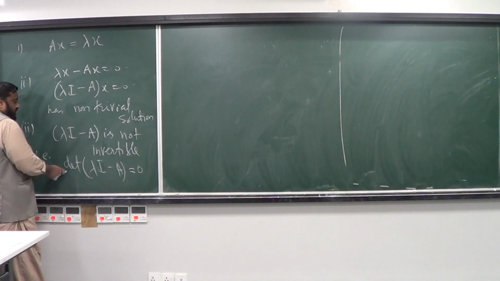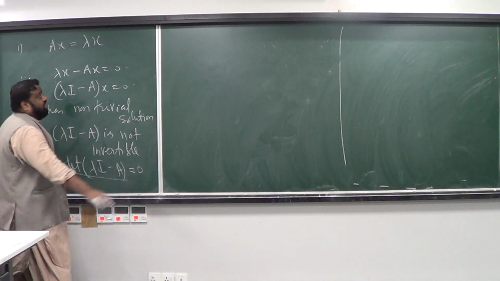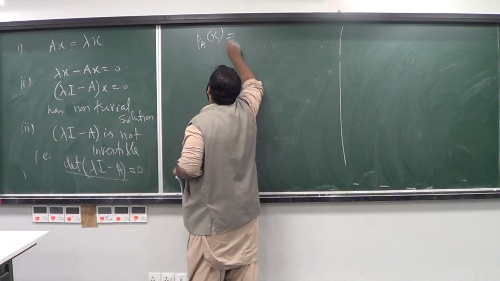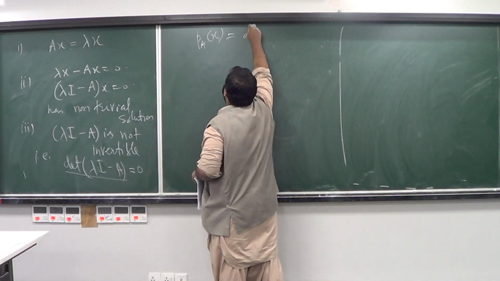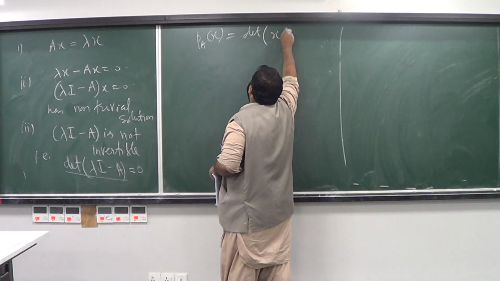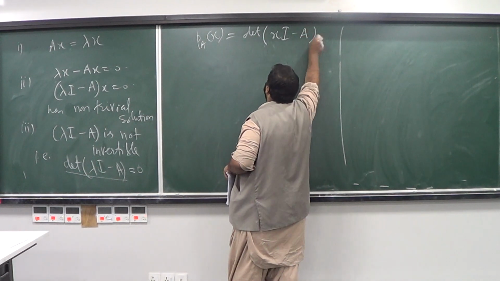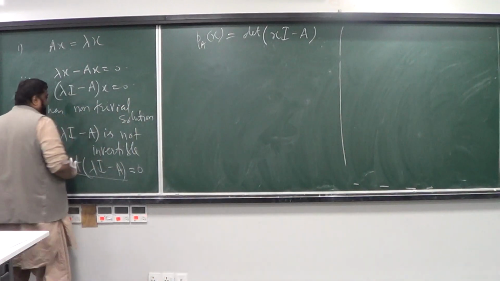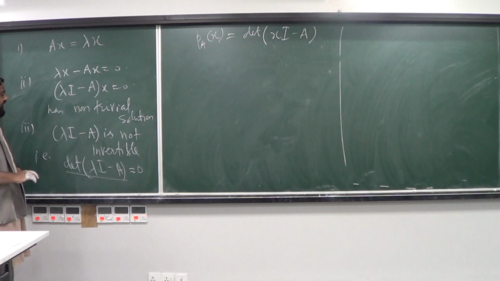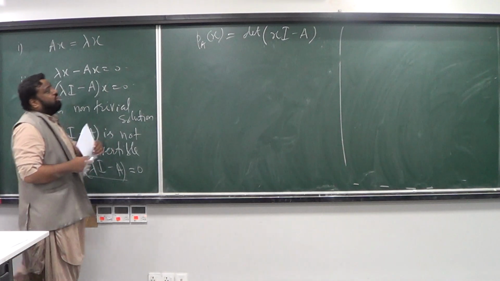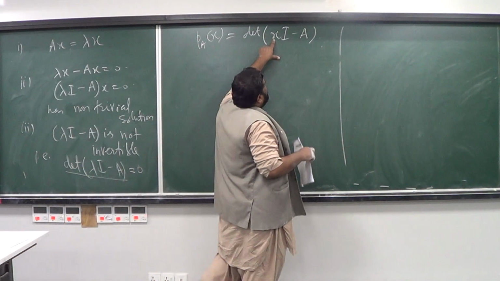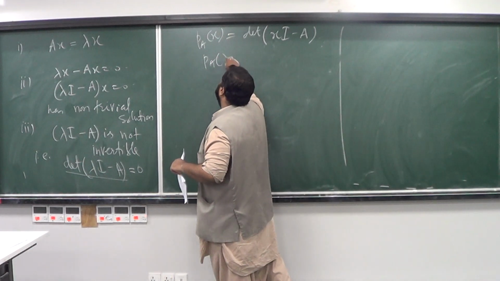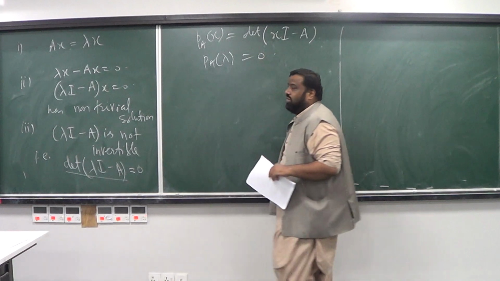So from this observation, it turns out that if lambda is an eigenvalue of the matrix A, then lambda is a solution to this polynomial. Consider a polynomial P_A of x defined by the determinant of xI minus A. Then lambda is an eigenvalue of the matrix A if you compute P_A of lambda and it turns out to be 0.